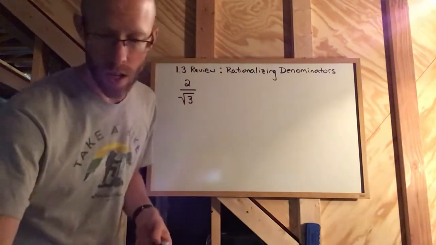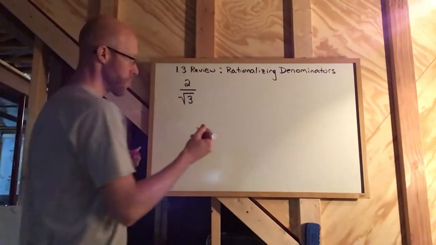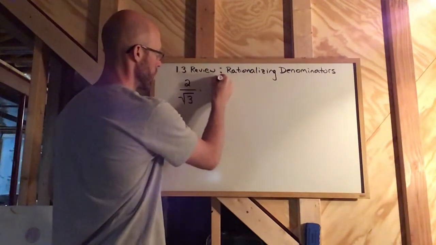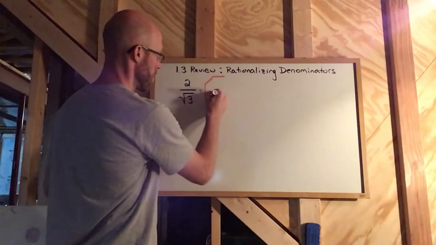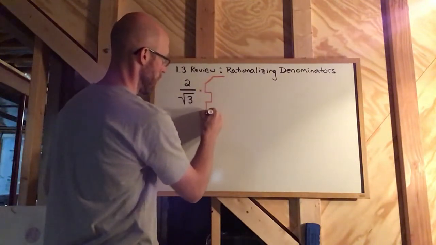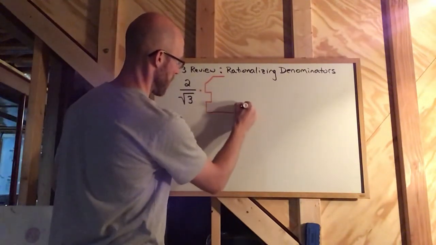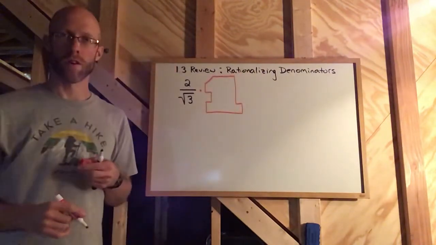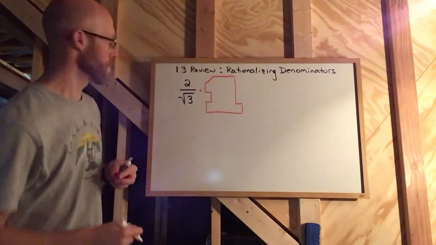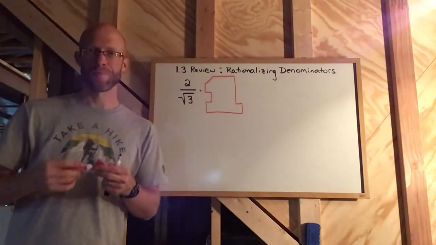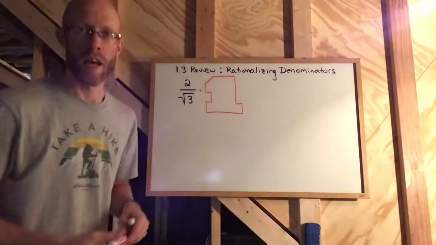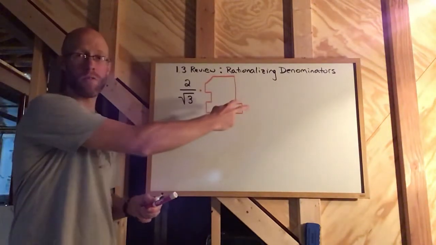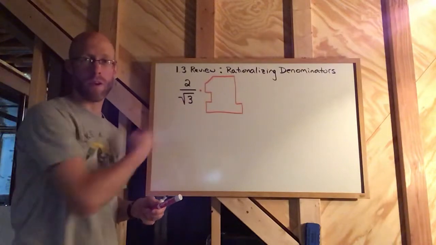Very common. So let's say I were to multiply this fraction by the number 1. Very large number 1. Hopefully that looks like a 1. And now anything times 1 is itself, so we haven't changed the value of that fraction.